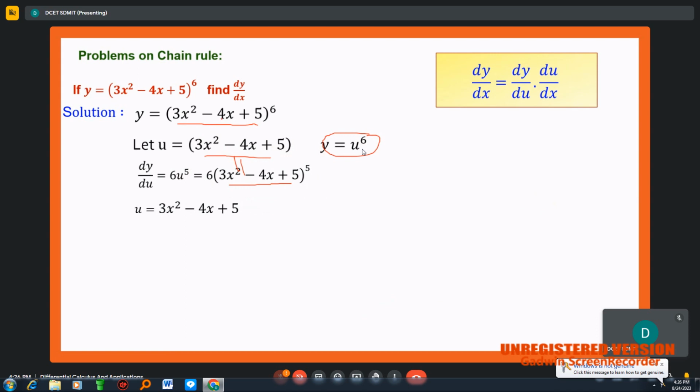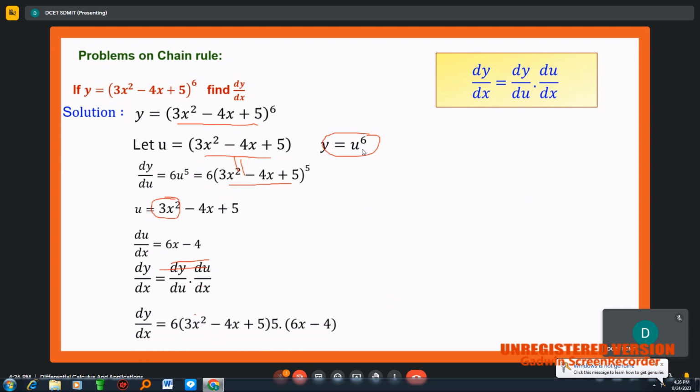Differentiation of the u function with respect to x, du/dx, is 6x − 4. dy/dx is nothing but dy/du into du/dx. Substituting, this is the required dy/dx by using the chain rule. Okay, clear?